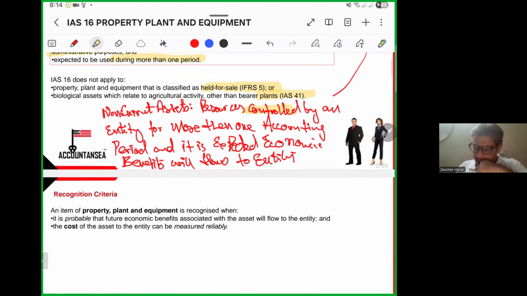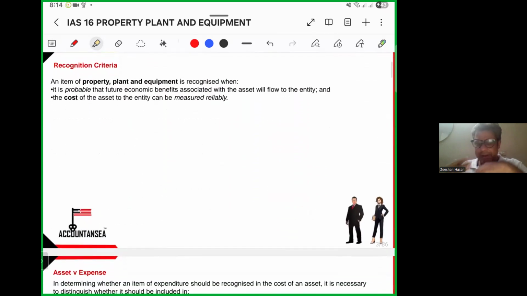Now, what's the recognition criteria of property, plant, and equipment? An item of property, plant, and equipment is recognized when, one, it is probable that future economic benefits associated with the asset will flow to the entity.